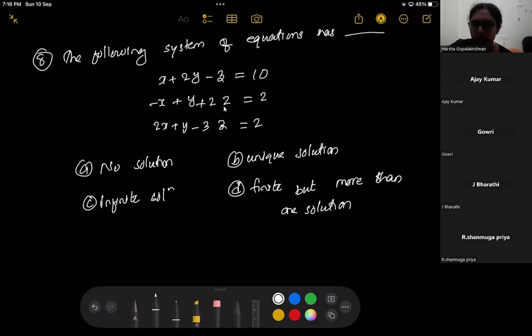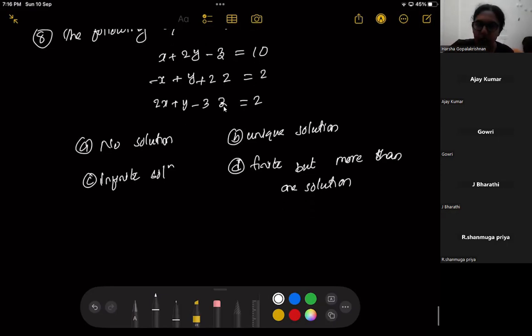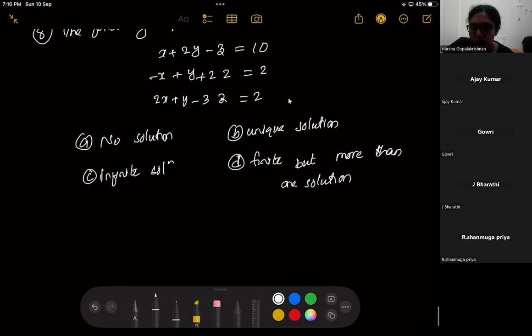First, we need to write it as a matrix equation, like Ax = B. Then we will find the rank of A and the rank of [A, B]. Then we will go to the earlier condition, whether rank of A equals rank of [A, B], and so on. So how can we write this system of equations in matrix form?